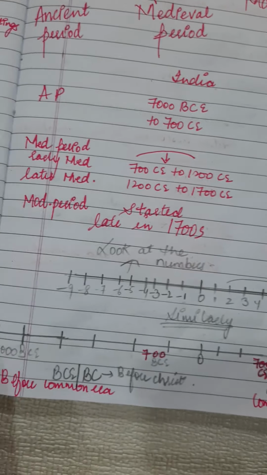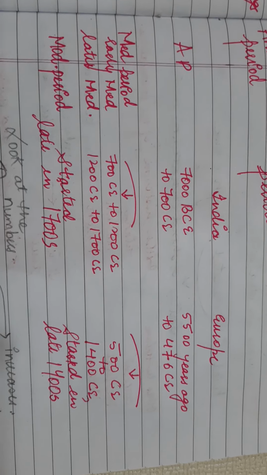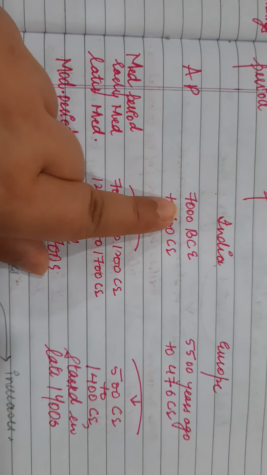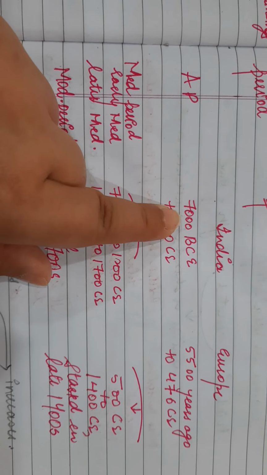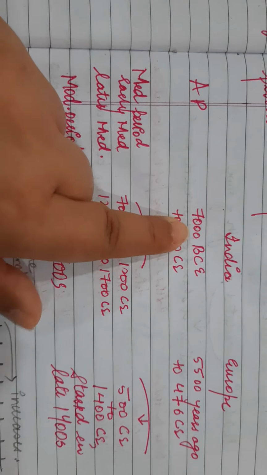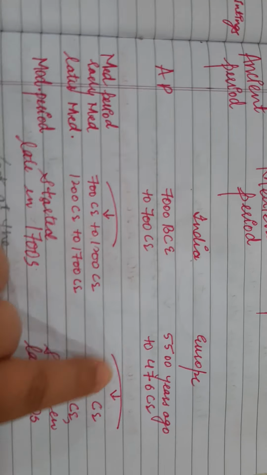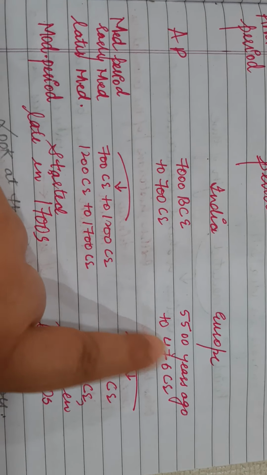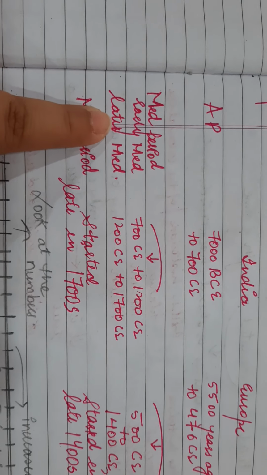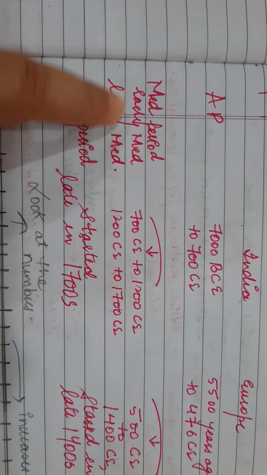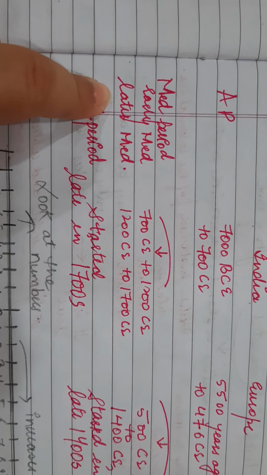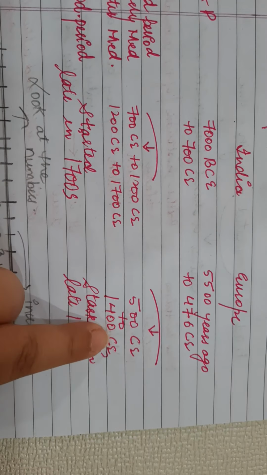So the difference which I found is that the history of India is considered from 7000 BCE to 700 CE. That means from this side till this side. Then here's the figure for Europe. The medieval period is considered in two periods, early medieval and later medieval period, for India, but not for Europe.